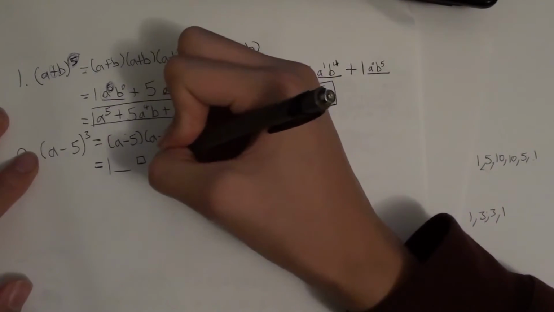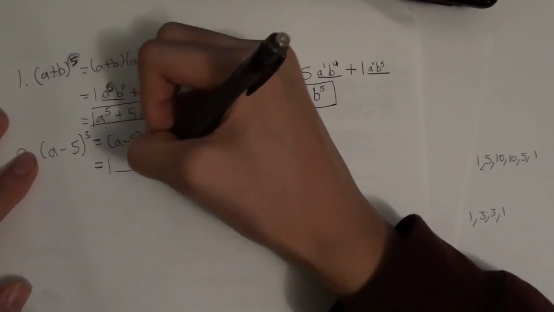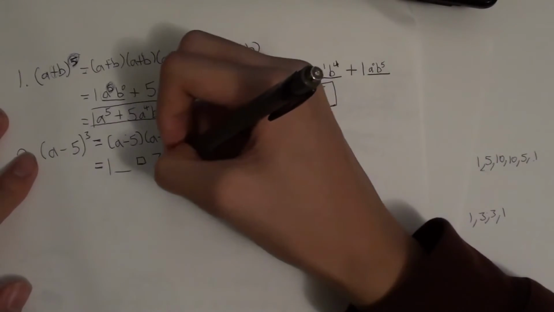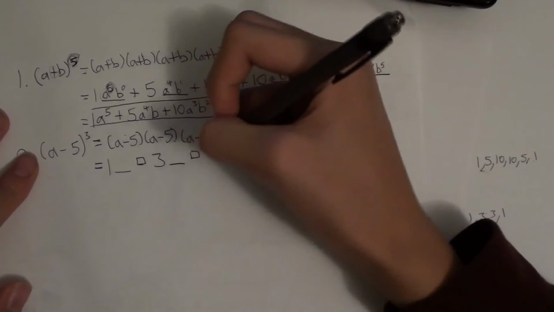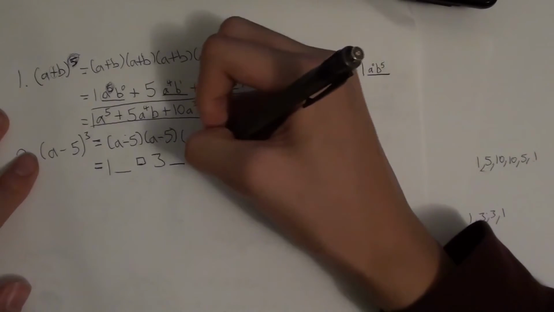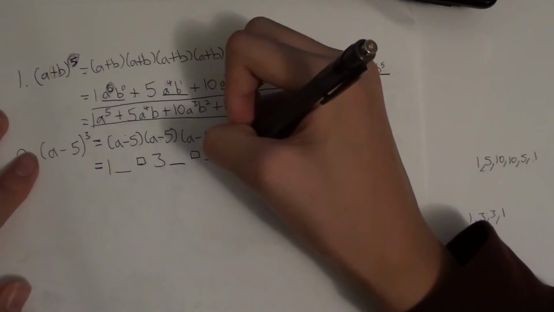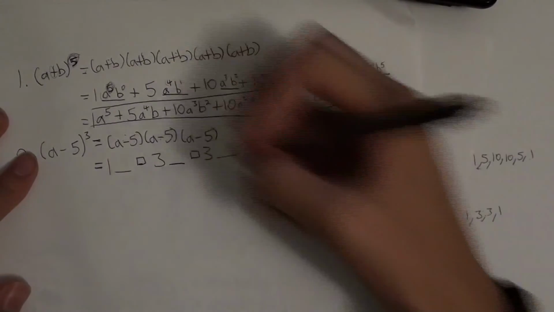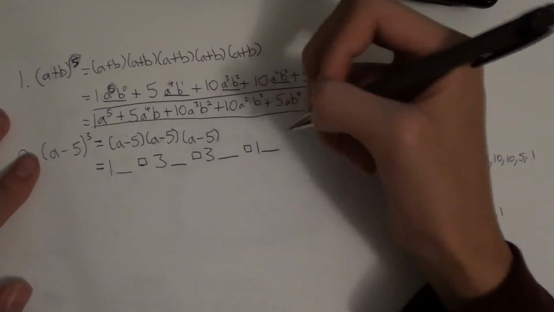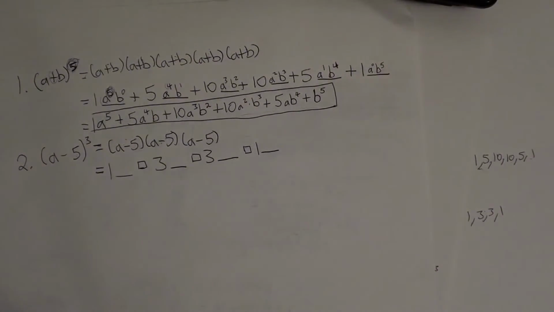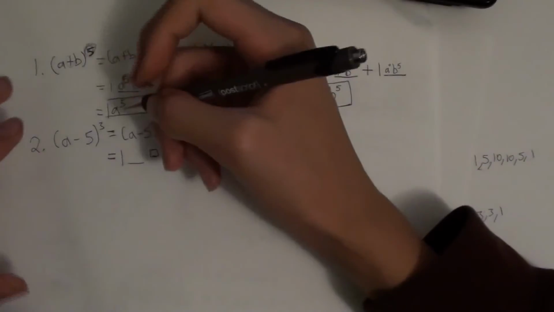Then the next term is 3, so 3, blank, another box. These subtraction things are pretty mysterious, aren't they? 3, another 3, and a box, and 1. So we have quite the standard layout.